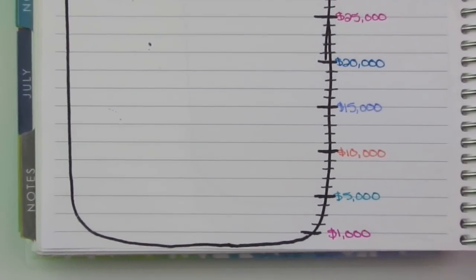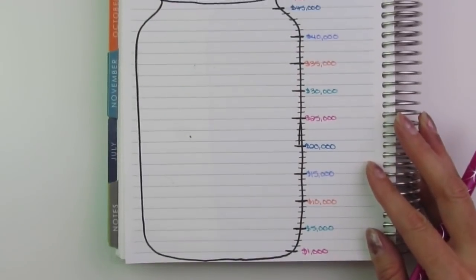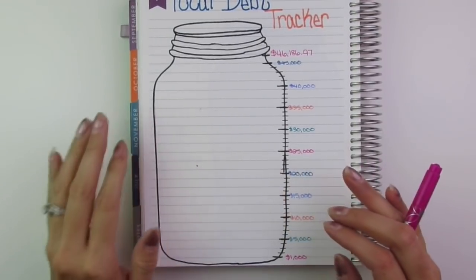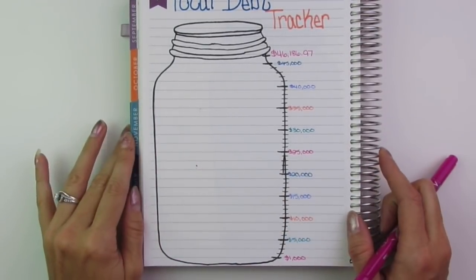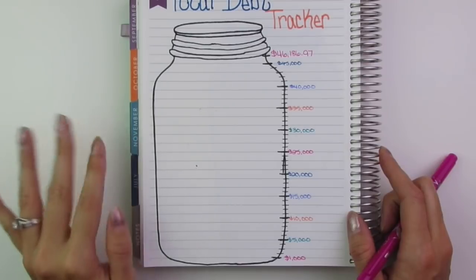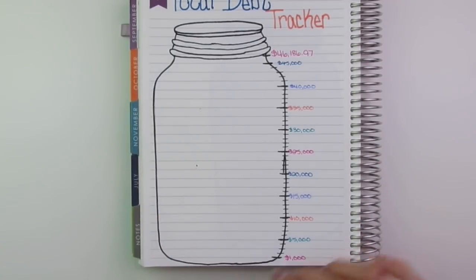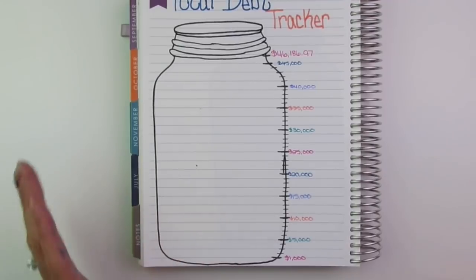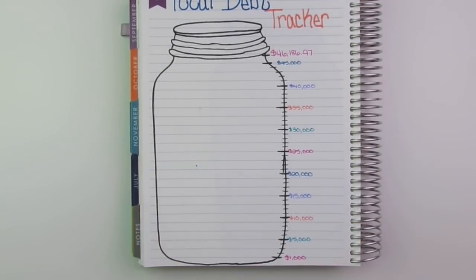So because I got my tax refund and I paid off $5,614.97 towards debt and got rid of 8 different accounts, I am going to be coloring up to the 5,000 mark here. Now I realize that $5,614 is closer to 6,000 than 5,000, but I want to be able to have something to color in next month too, so that is why I am just going to go up to the 5,000.